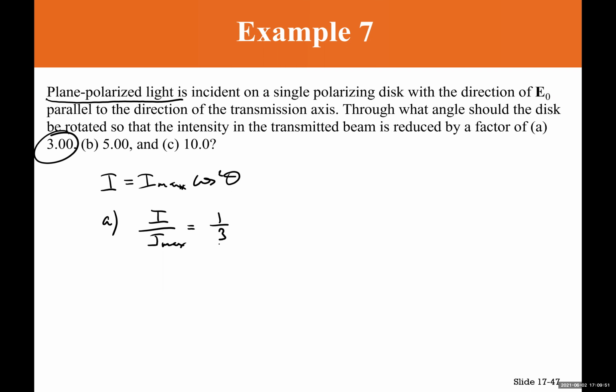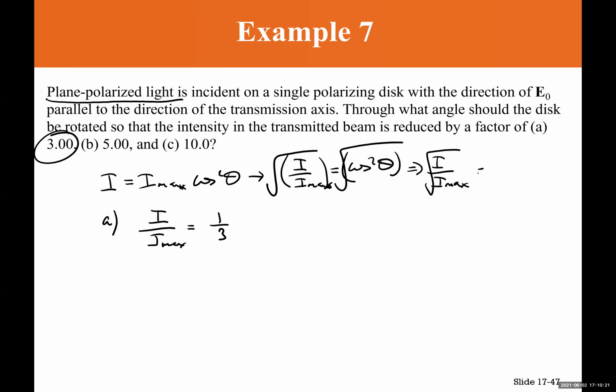In this equation, I over I max is equal to cosine squared theta. Then, if I take the square root, I over I max then equals cosine of theta.